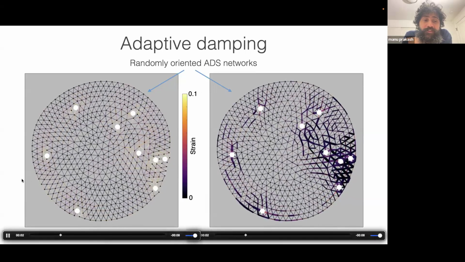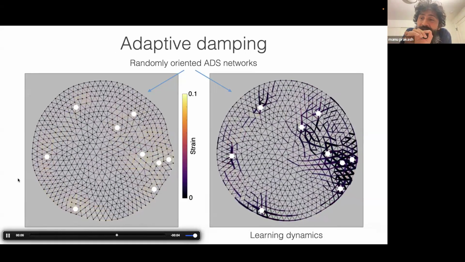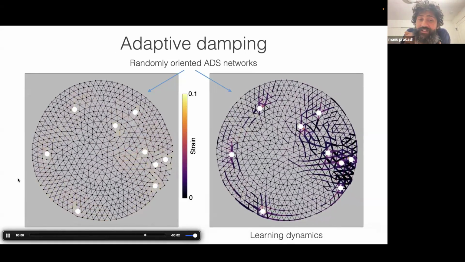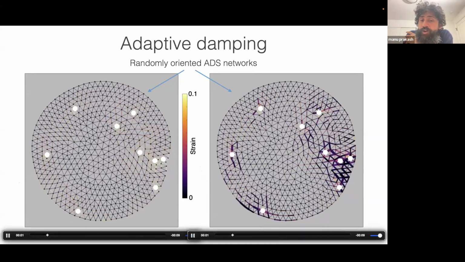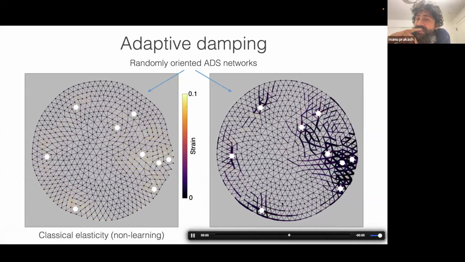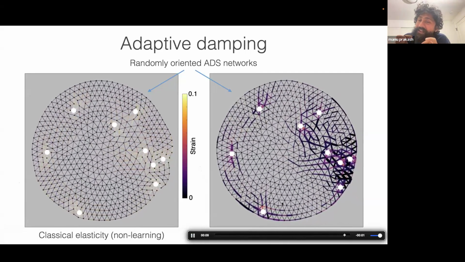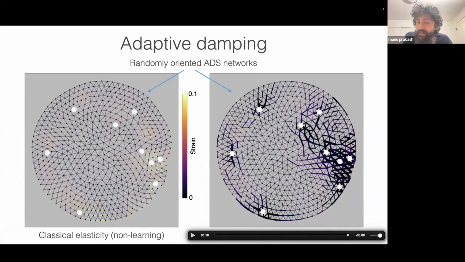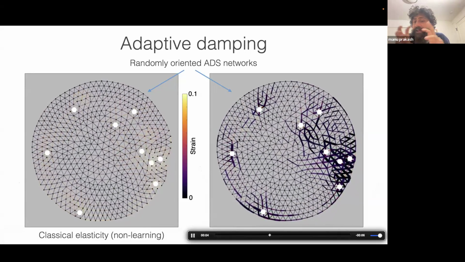So here is one example. On the left, you're watching a completely classical elastic network with these white nodes where we are injecting energy. And you notice that the network doesn't adapt, and so those sets of inputs remain the same. But now look on the right. On the right, we have encoded this system to essentially almost be stealth. So it's trying to hide the places where the energy is being injected by stiffening the network right around that.